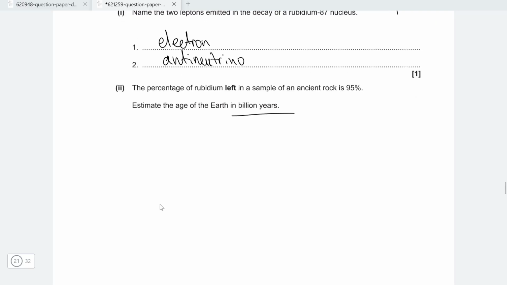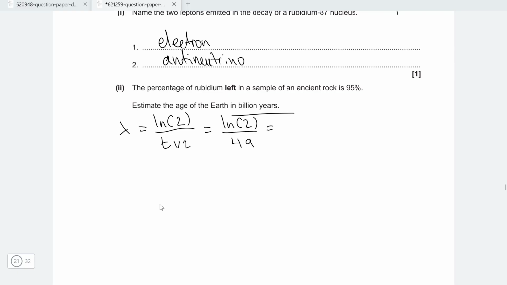Okay, well, remember, the half-life is connected to the decay constant by the following equation. Your decay constant lambda is ln of 2 divided by the half-life, so it's going to be ln of 2 divided by 49.